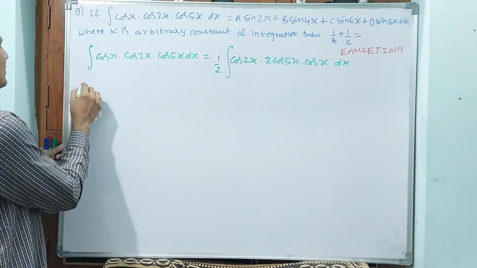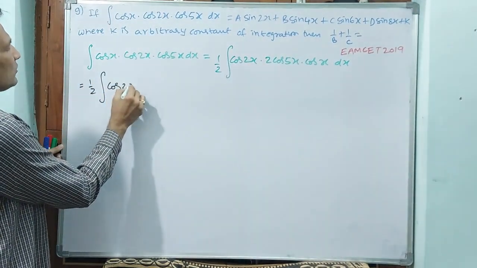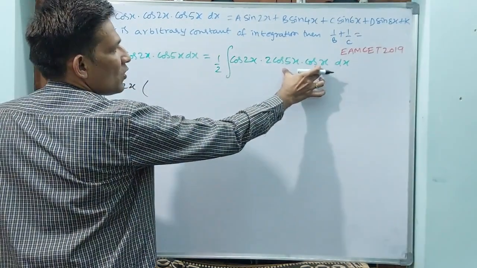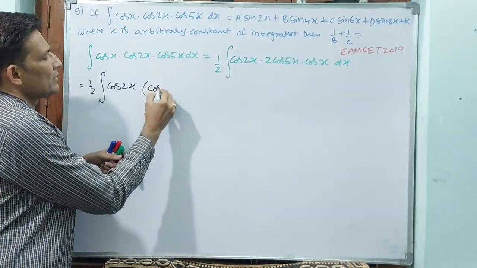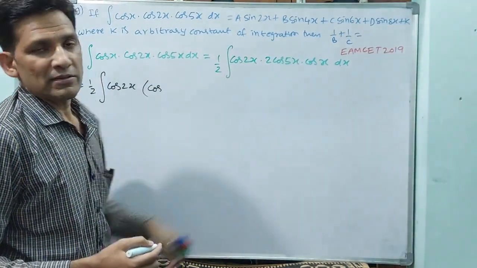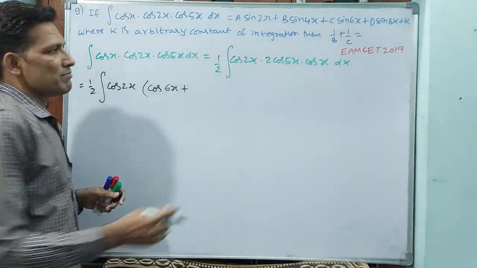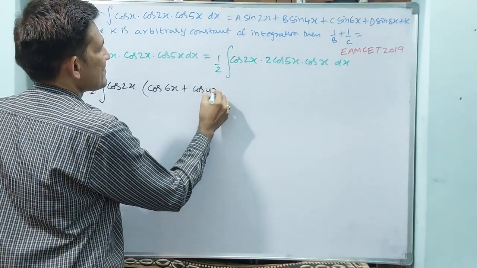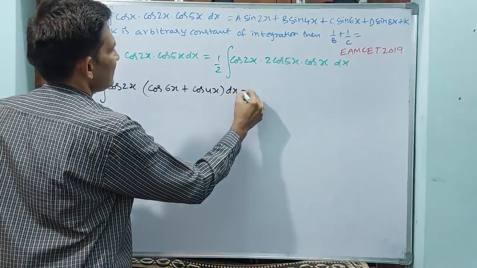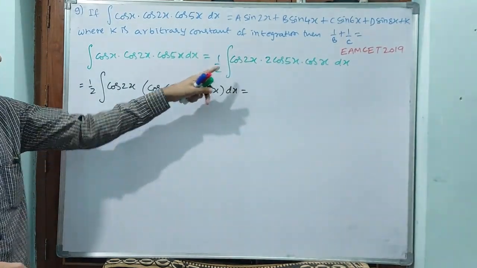Write down. That is equal to, see, 1 by 2 you keep, cos 2x also you keep. Now you see 2 cos a cos b means cos a plus b plus cos a minus b. Cos a plus b, 5 plus 1, 6, plus cos a minus b, 5 minus 1, 4. Okay. dx, that is equal to. Okay, understand this step.